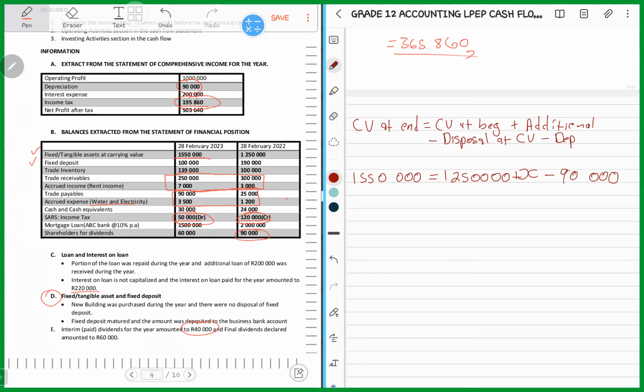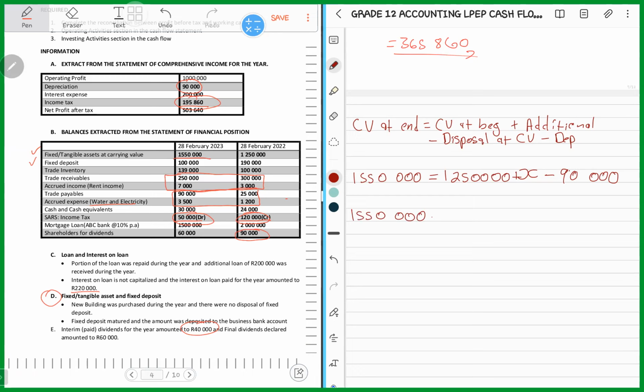Then we can just turn the equation around to find the missing figure. To make X the subject of the formula, we have to transfer the amounts from the right side to the left side, meaning that they are going to change signs. So here we're going to have 1,550,000.